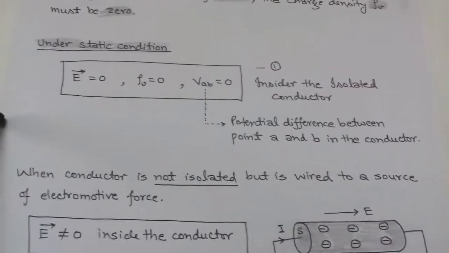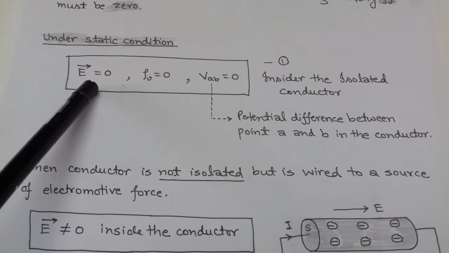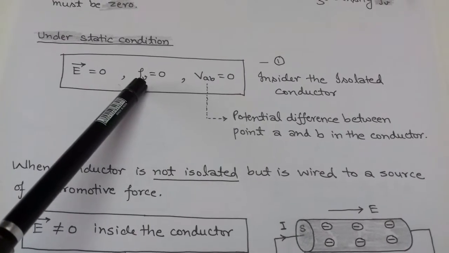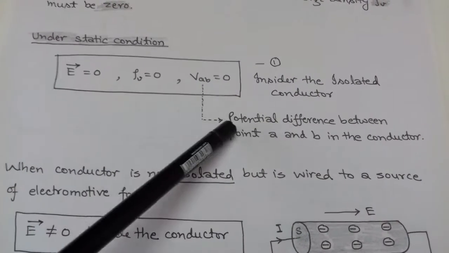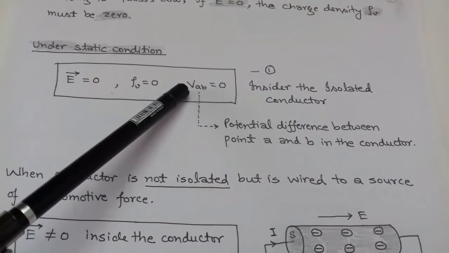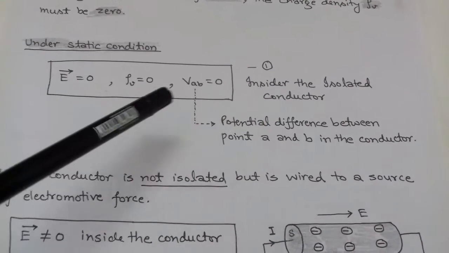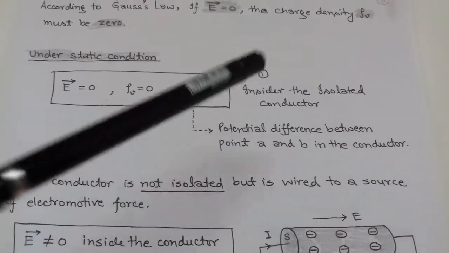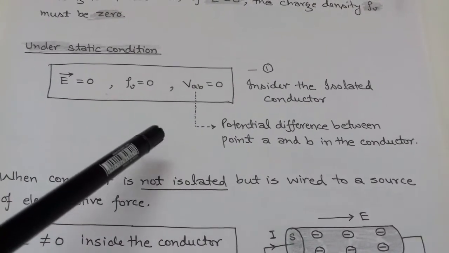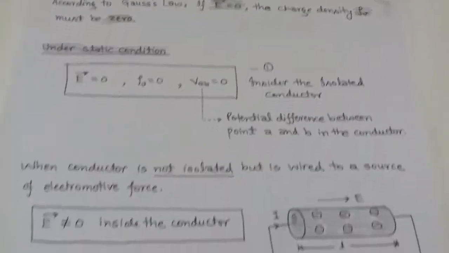Now under static conditions, the electric field intensity is 0, the volume charge density is also 0, and the potential difference is also 0. This is under static conditions. So when the conductor is isolated, these are the conditions given by equation 1.